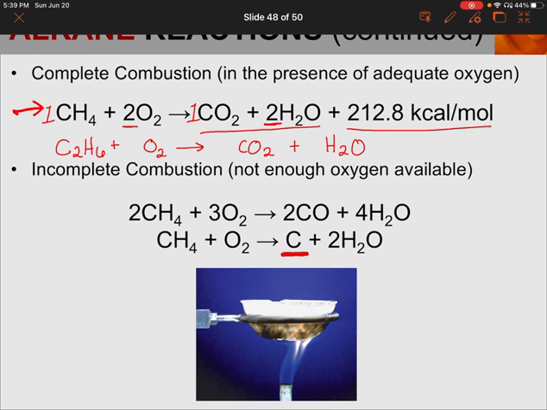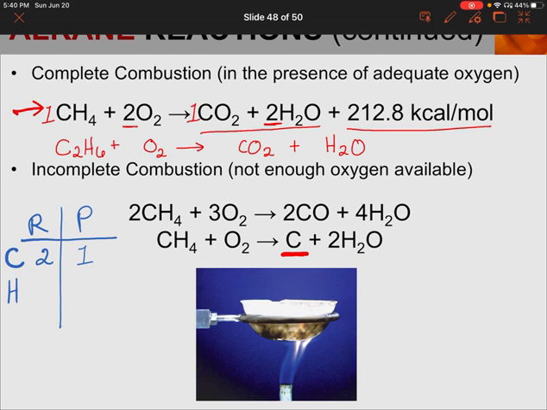And how many do we have on the right-hand side? Only 1. So I'm just going to make a little table here of reactants versus products. And I'm just going to write that we have 2 carbons on the left, but only 1 on the right.